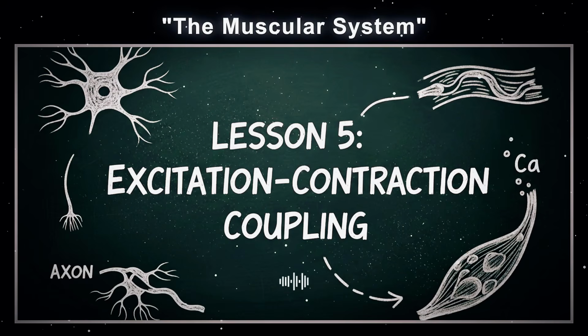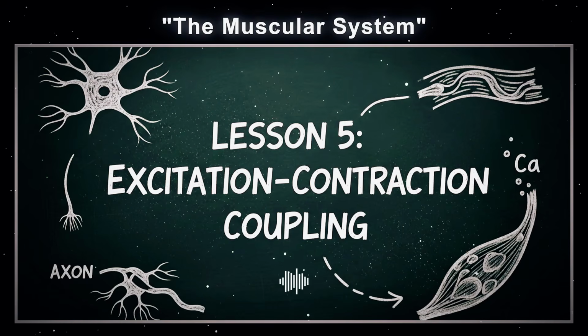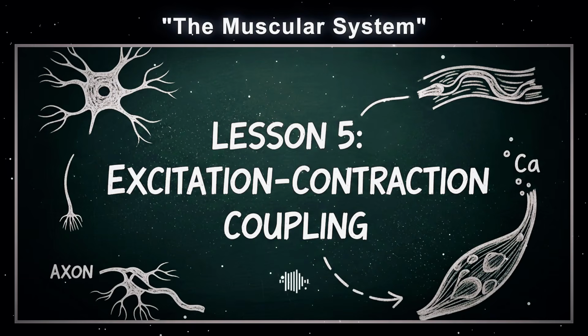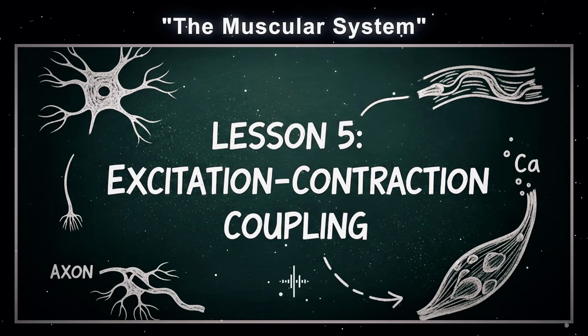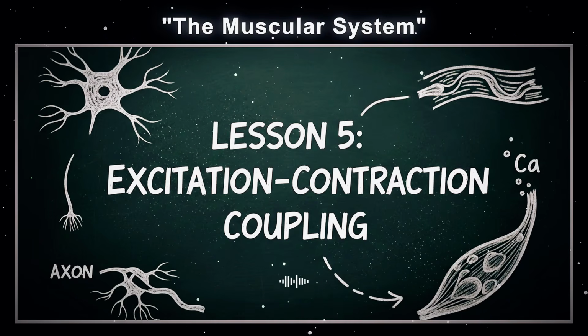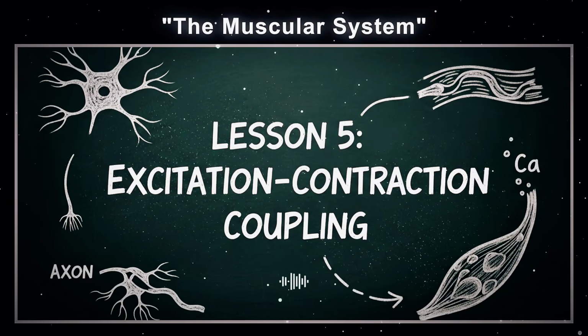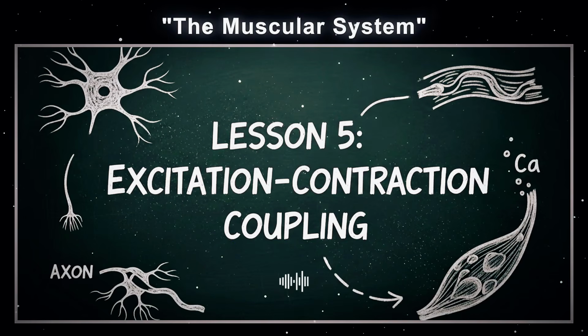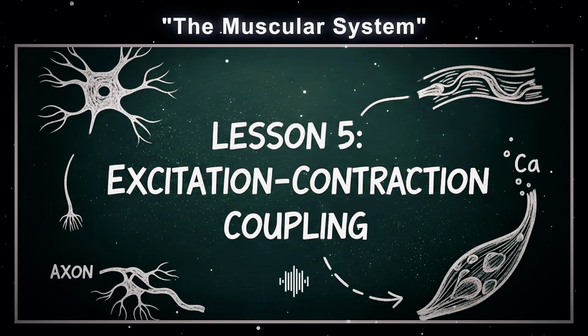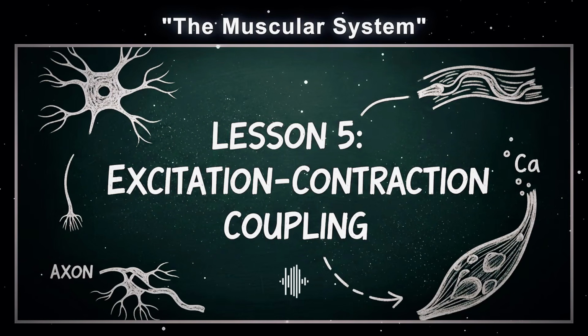high-energy signal. In the cytoplasm of a healthy cell, calcium levels are kept incredibly low. Why? Because calcium is a trigger. It changes things. It turns enzymes on and off. If calcium were allowed to float freely all the time, the cell would be in a state of constant, chaotic hyperactivity.